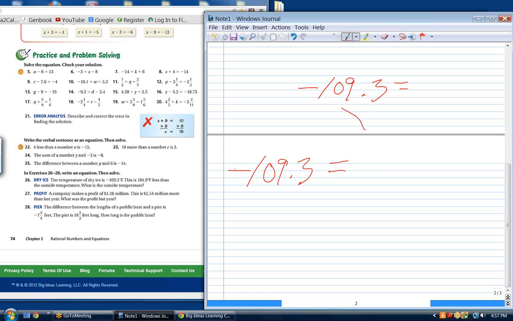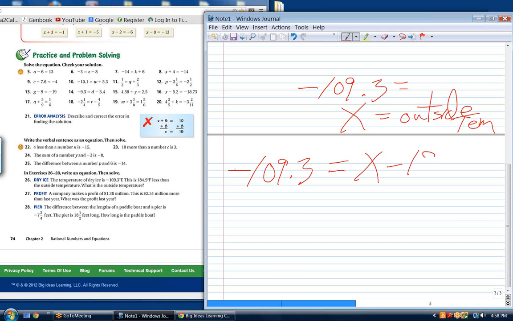So if I let x be the outside temperature, what's my equation going to be? So our equation would be x minus 184.9.